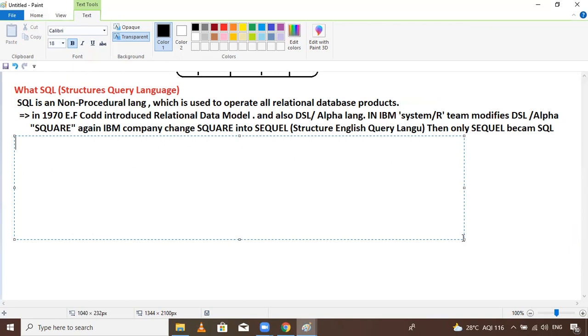These are the SQL sub languages in every database. So write it: SQL sub languages in every database.